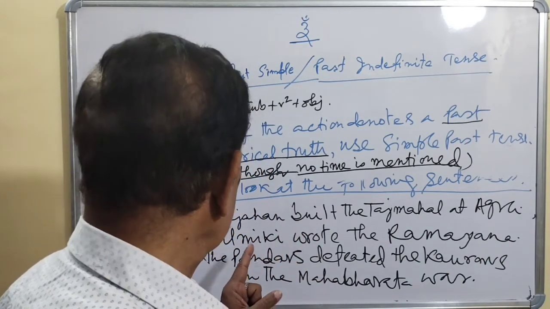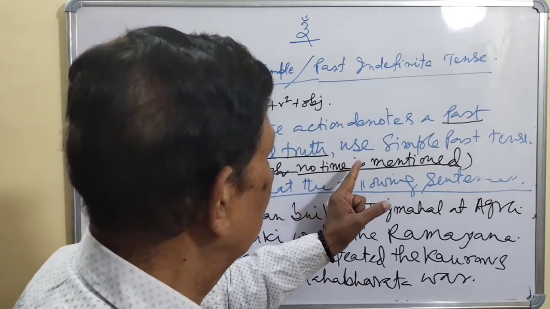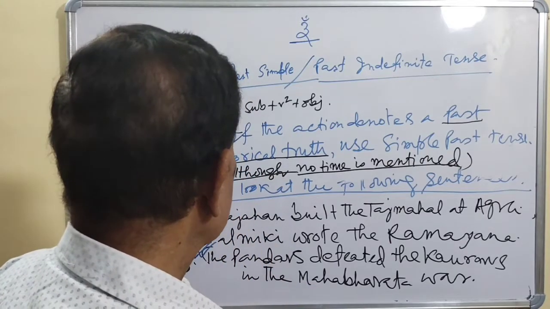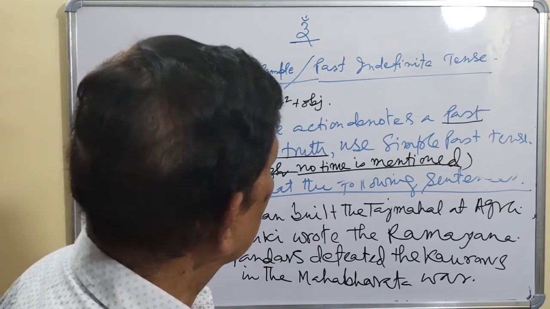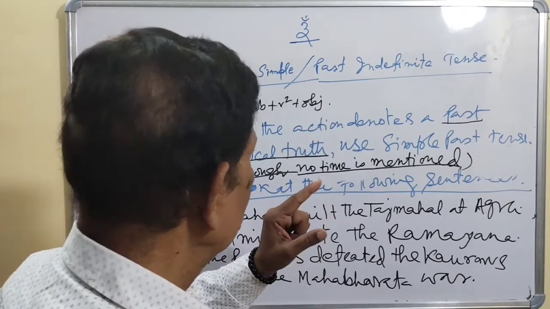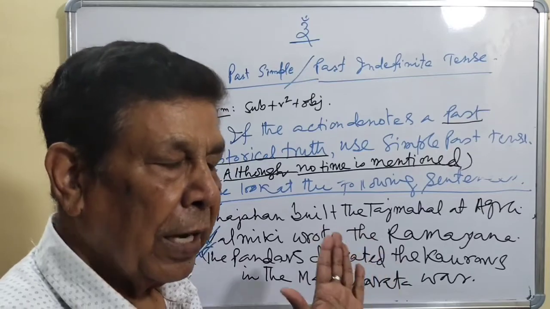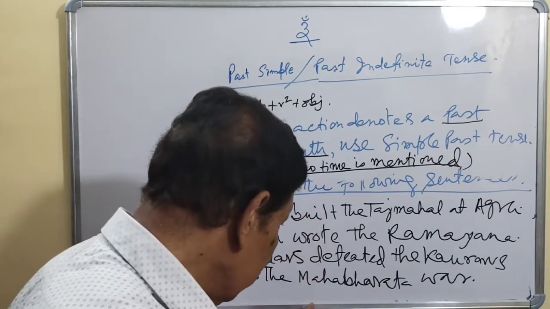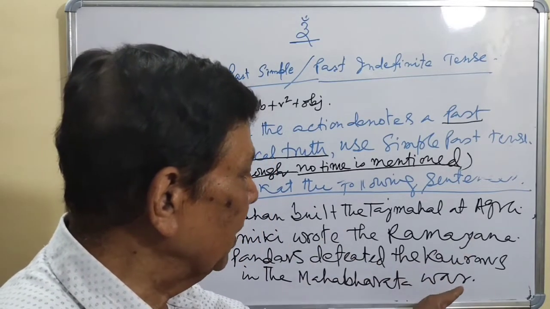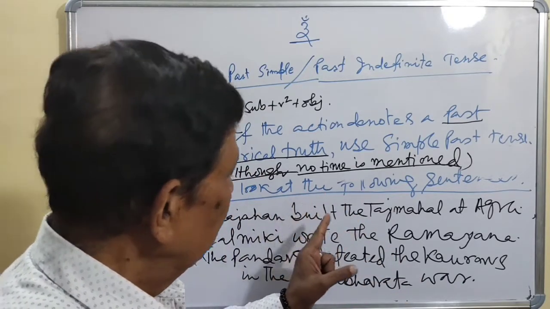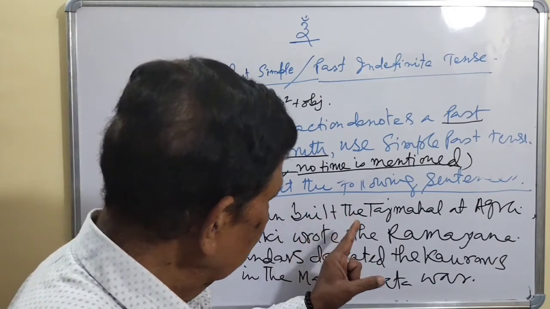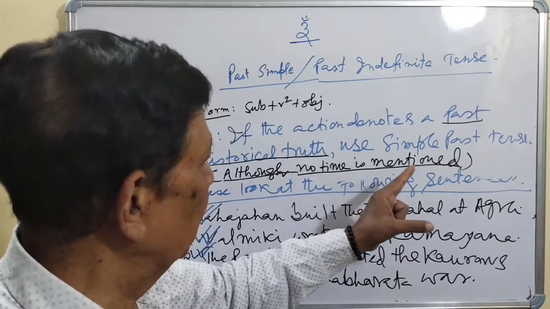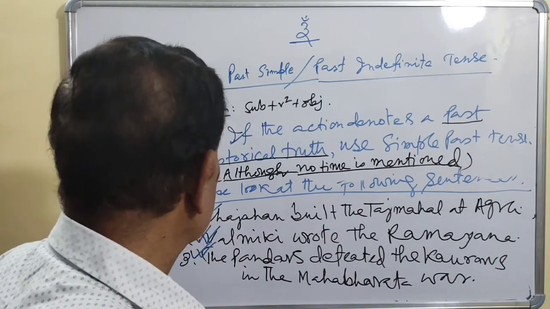But the exception is, if the action denotes a past historical truth, use simple past tense, although no time is mentioned. This is the exception to the rule that I gave you. So for past simple or past indefinite tense, the form I have given you is subject plus V2 plus object. But that is not the entire thing. If time is mentioned, simple past; no time is mentioned, present perfect. But these are exceptional cases, and although no time is mentioned here, they can be examples of simple past tense because they denote a past historical truth. This is an exception to this rule.